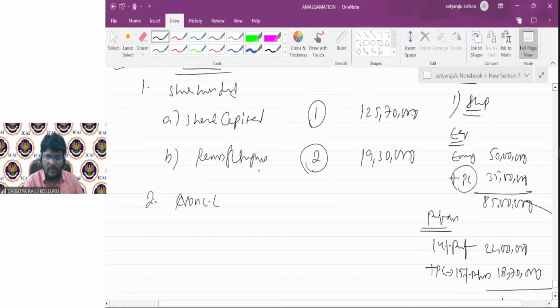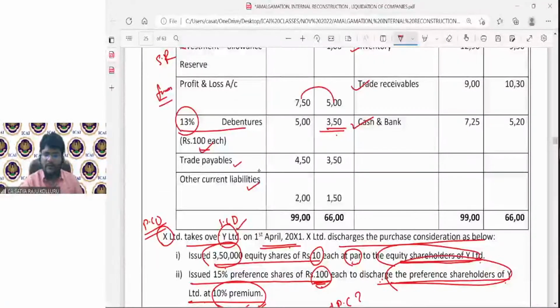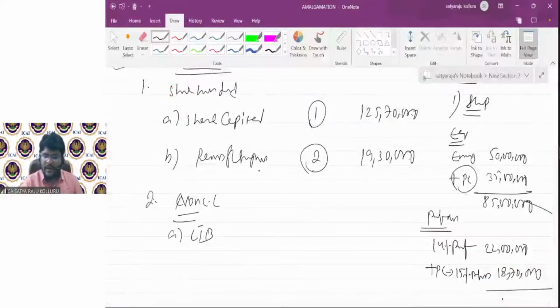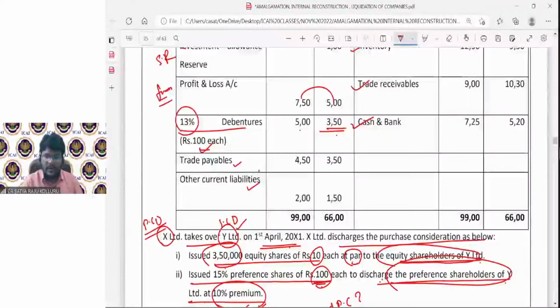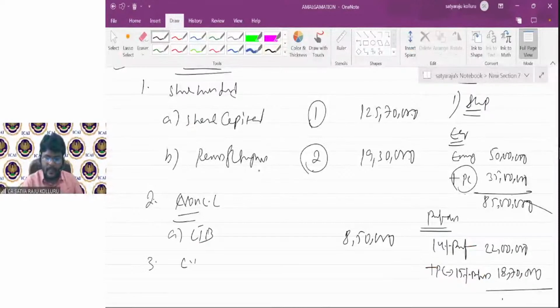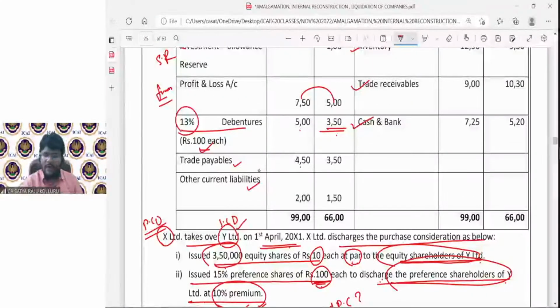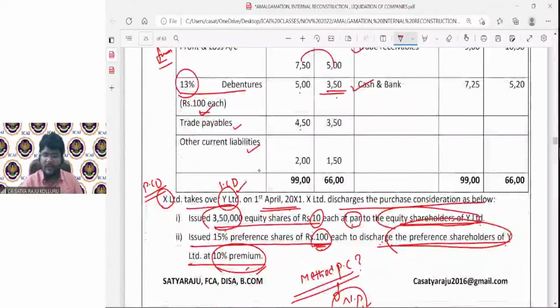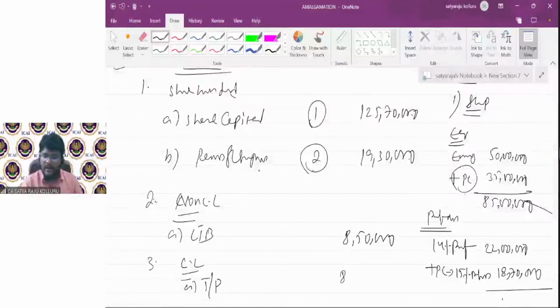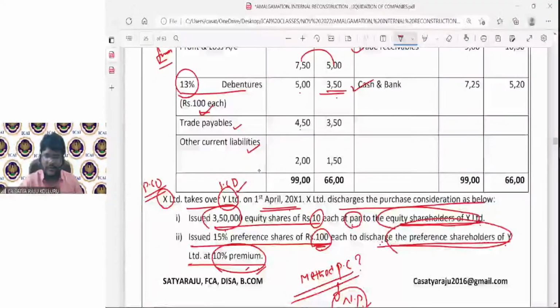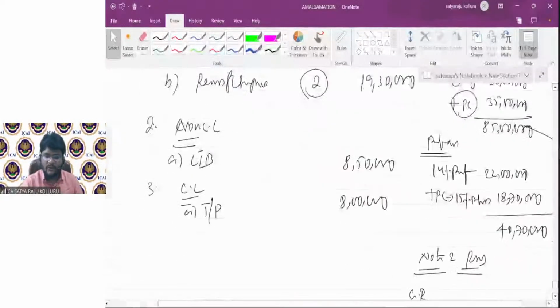Under non-current liabilities, for long-term borrowings, simple line by line addition, 5 lakhs plus 3,50,000, 8,50,000, which is for debentures. Next, for current liabilities, trade payable: 4,50,000 plus 3,50,000, how much? 8 lakhs, right? Simple line by line addition. Next, other current liabilities, 2 lakhs plus 1,50,000, 3,50,000.